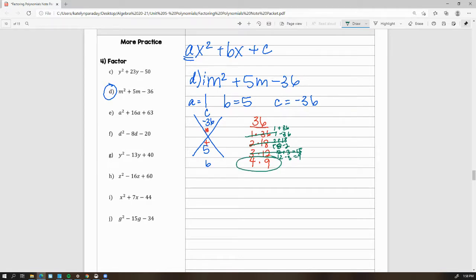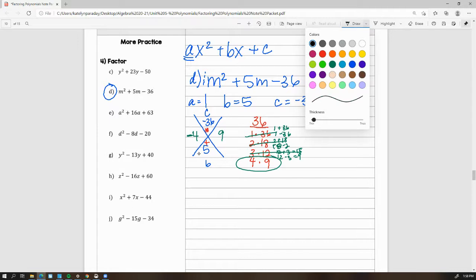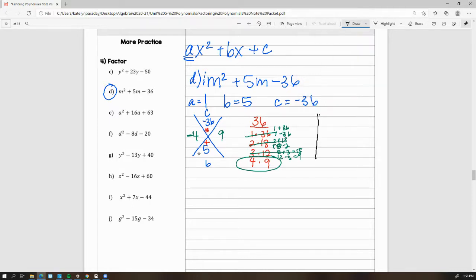I know right away I'm going to use 4 and 9. The hint was, let's take a look at the bigger number and the sign on the bottom. My sign of B, or 5, is positive. So my bigger number needs to be positive, which means I need negative 4.